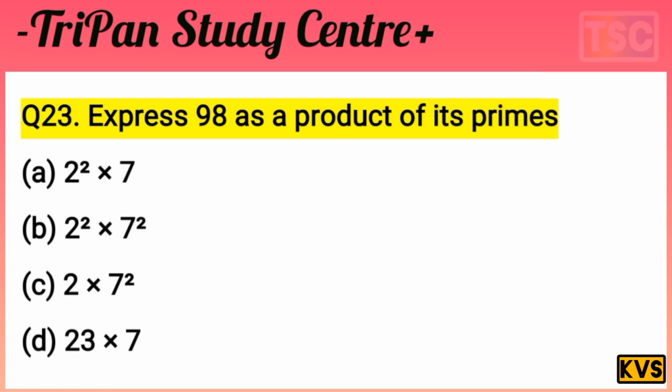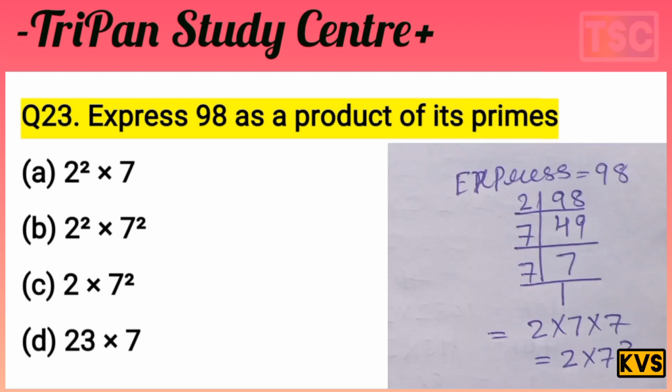On your notebook, I give you a few seconds to solve this question. You must have a thought of your answer. Let's see the answer. Express 98 as a product of its prime numbers. 98 is 2 into 49, and 49 is 7 into 7.